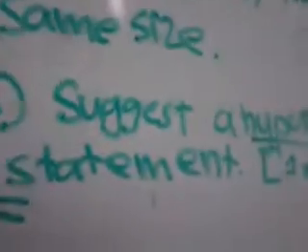Okay, let's go to the essay question, number 1. The time taken for clothes to dry is affected by the surface area of the clothes. You are given 2 wet towels of the same size. Suggest a hypothesis for the above statement. 1 mark. So they're asking for a hypothesis.